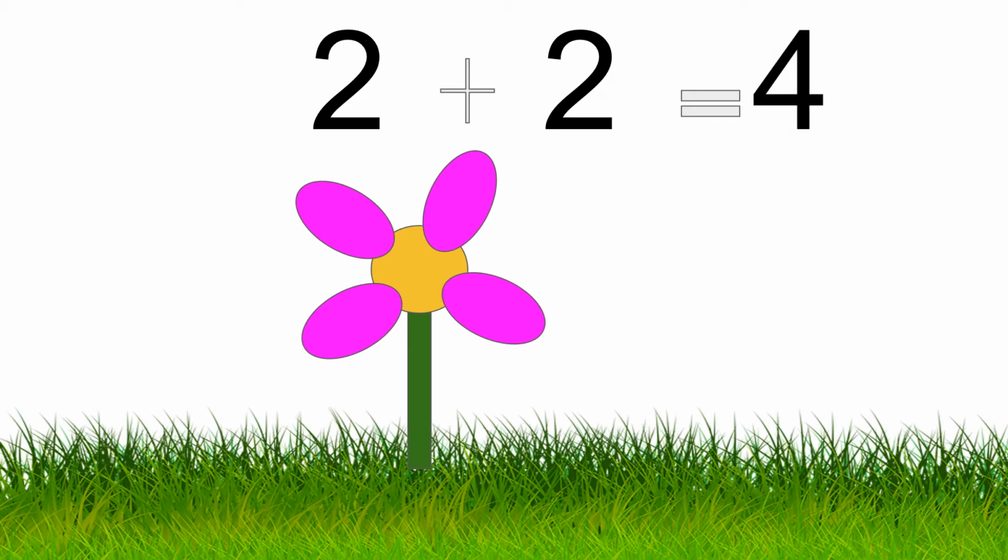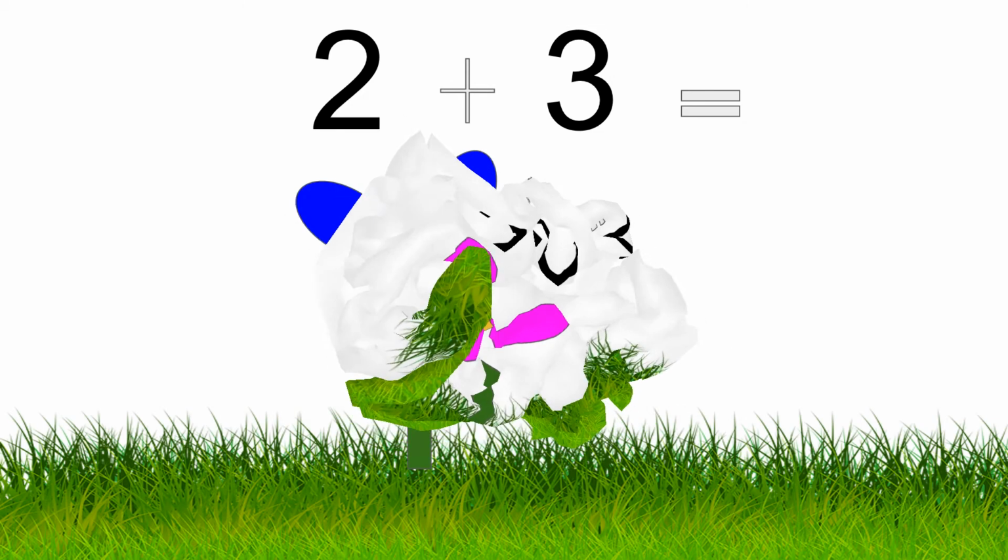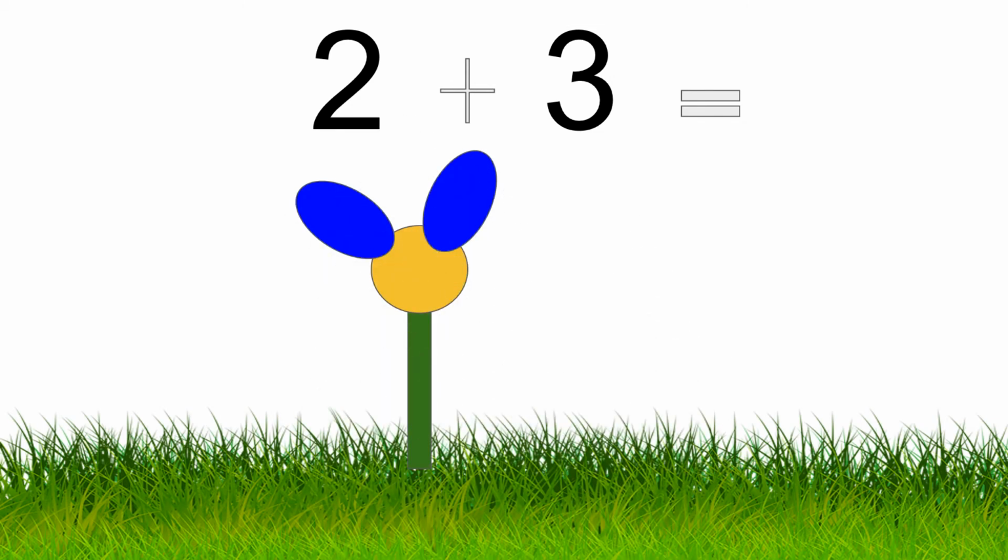Let's move on to another problem. Here, our problem reads 2 plus 3 equals. So we can see that we start off with 2 blue petals. And we have to add 3 more because the problem reads 2 plus 3.